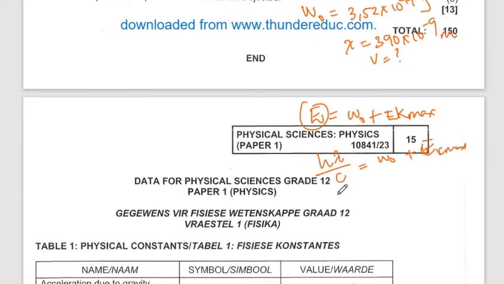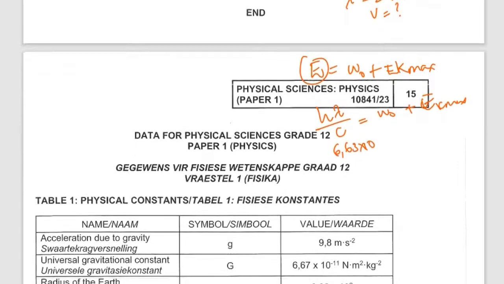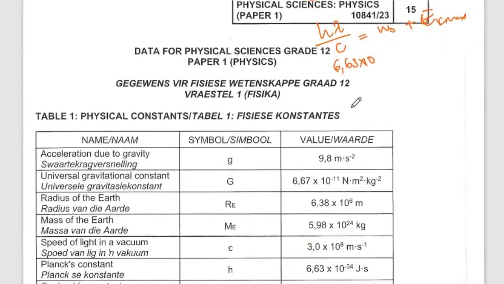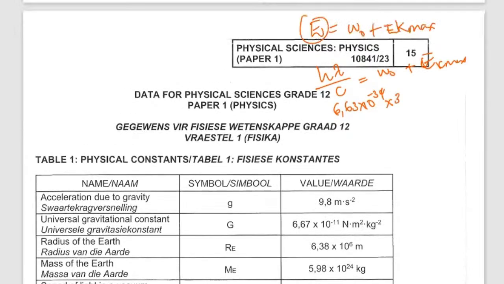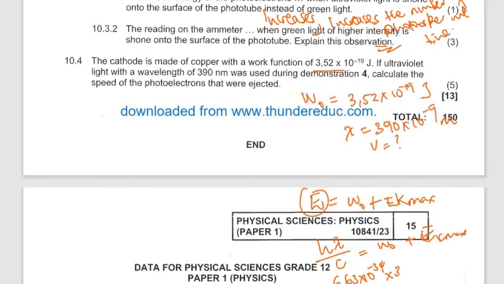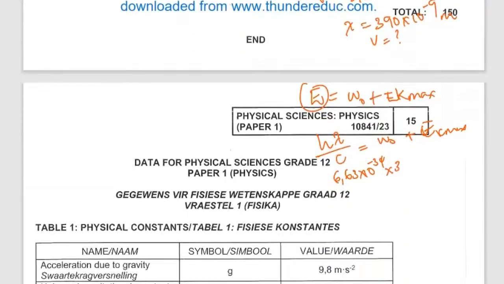The value of h is 6.63 times 10 to the negative 34 in this table, times the wavelength, which is 390 nanometers. Why am I saying wavelength? I think I've messed up this formula.